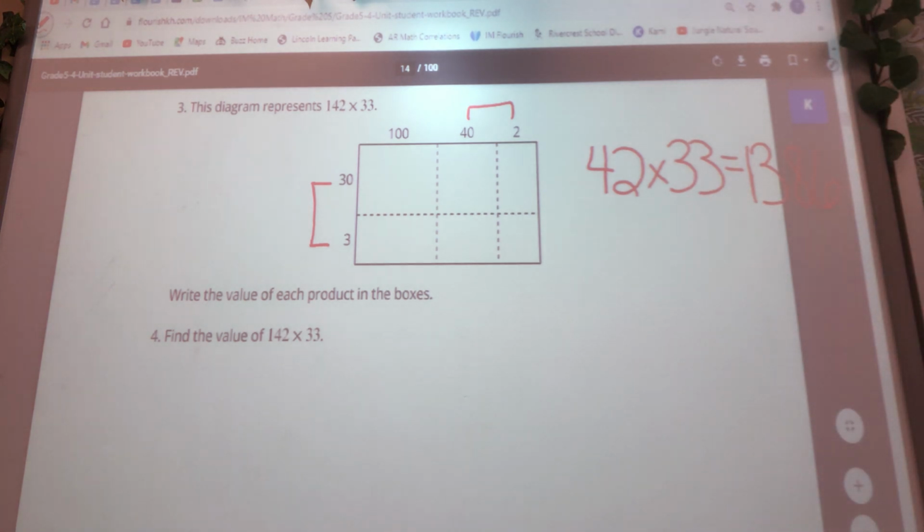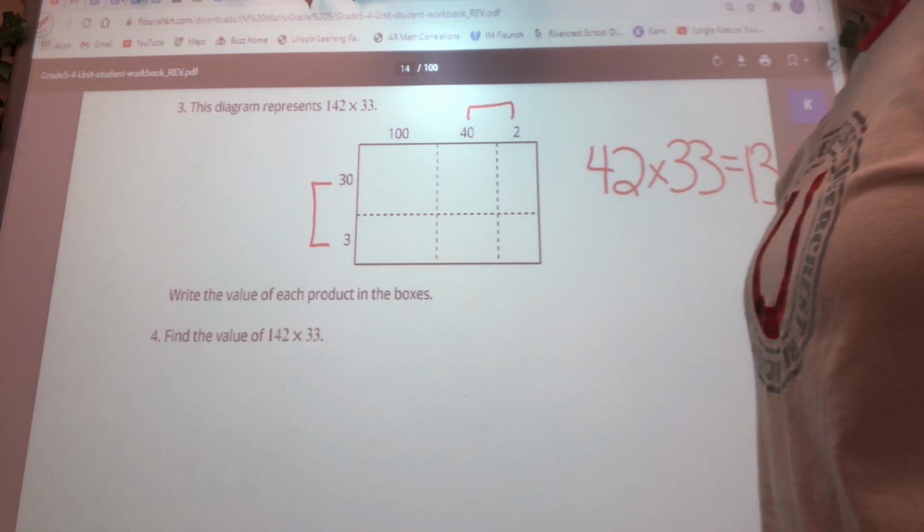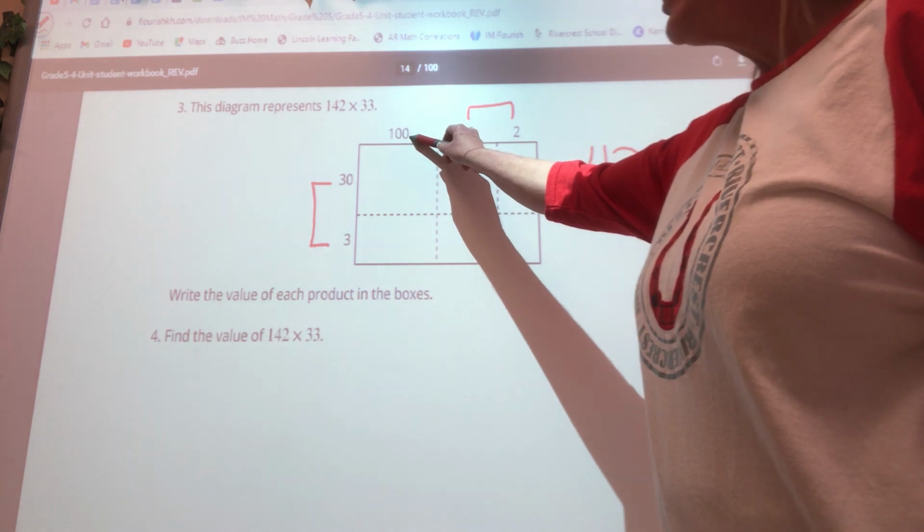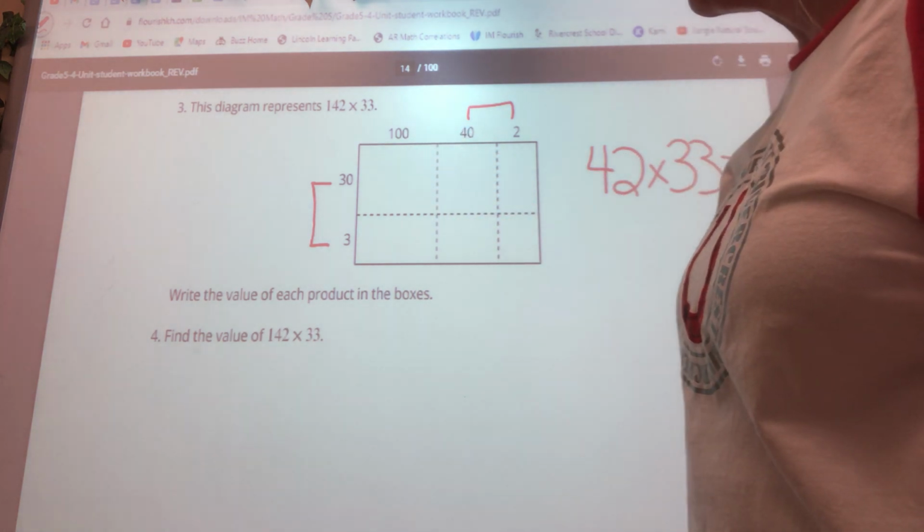Okay? So if we already know that part, if we already know the 1,386, what's the only thing now that's different in there? The only thing that's different is now they've put something in the hundreds place.